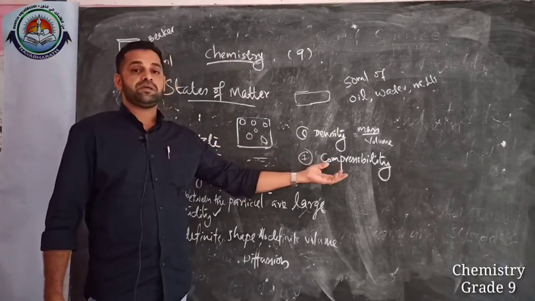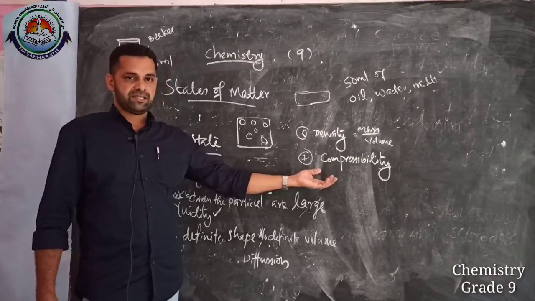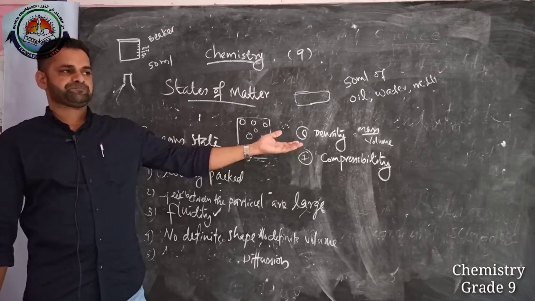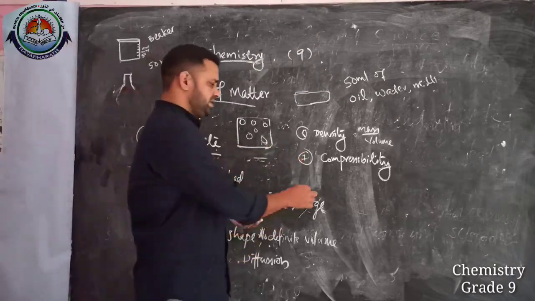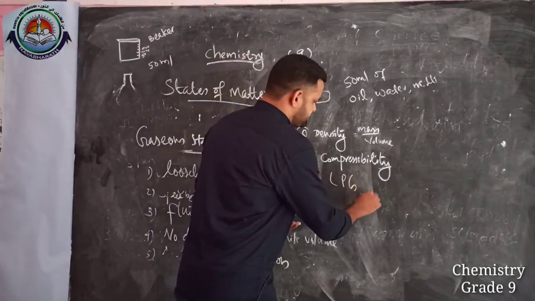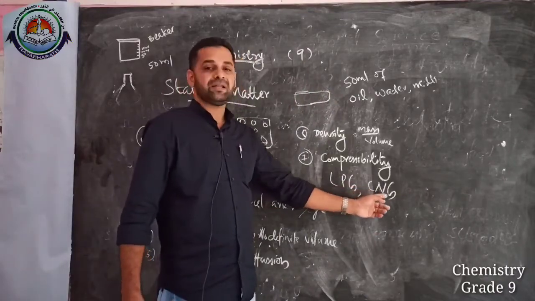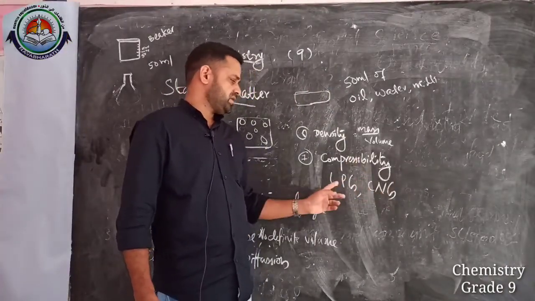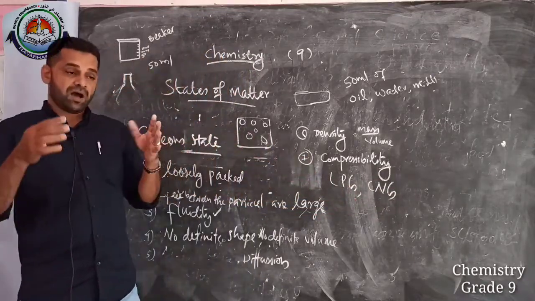And compressibility, they are highly compressible. Since they are highly compressible, we know the cooking gases, that is LPG and CNG. LPG is liquefied petroleum gas, CNG means compressed natural gas.